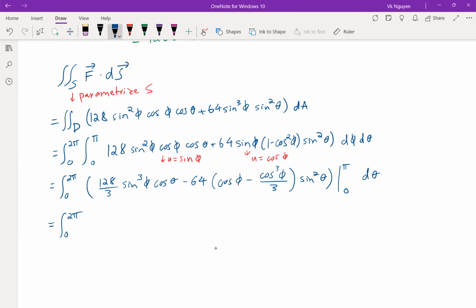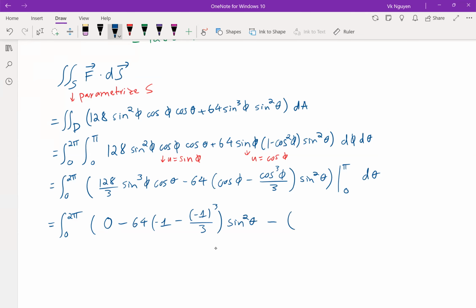Sine pi is 0, so this whole thing is gonna be 0. And then the cosine is not gonna be 0 though, minus 64. Cosine of pi is -1, minus (-1) to the power 3 over 3 sine squared theta. Then you have to subtract, substituting in the 0.